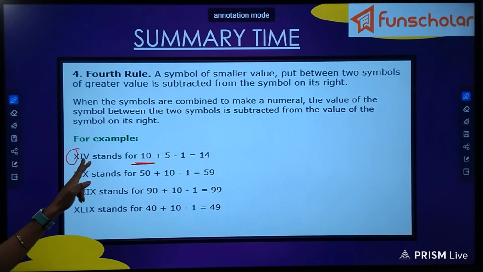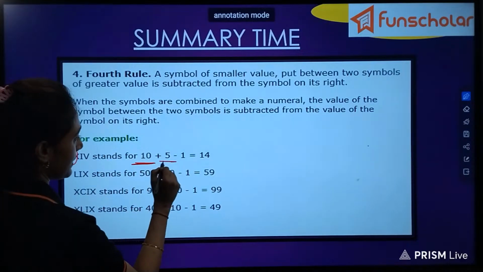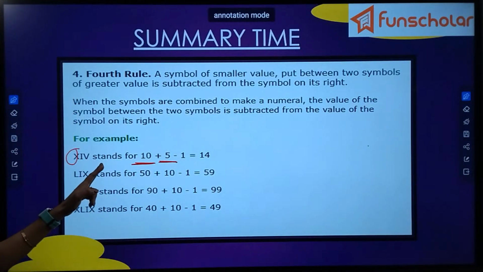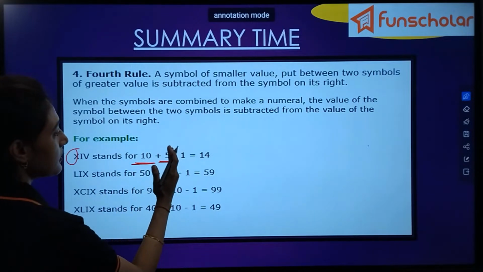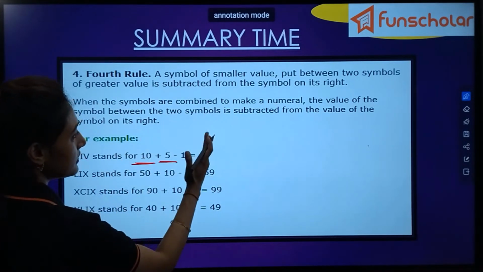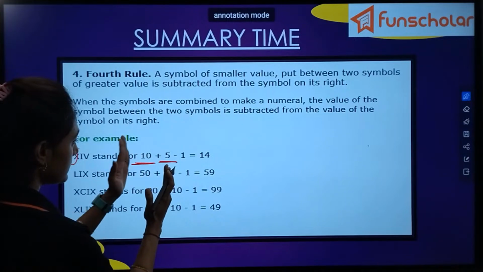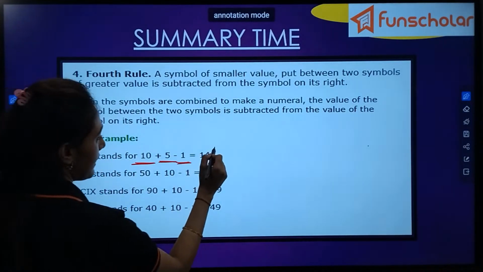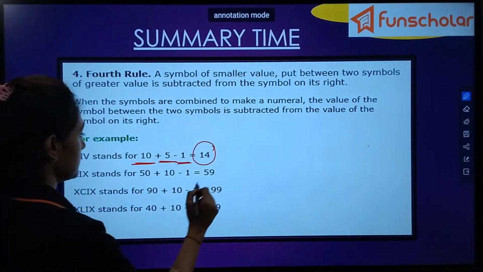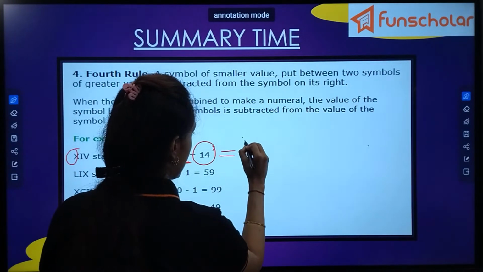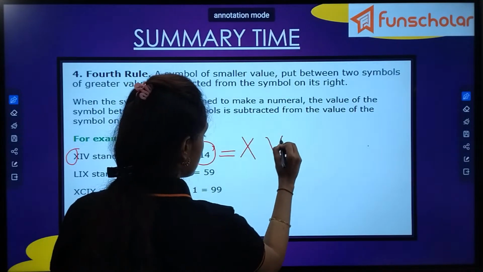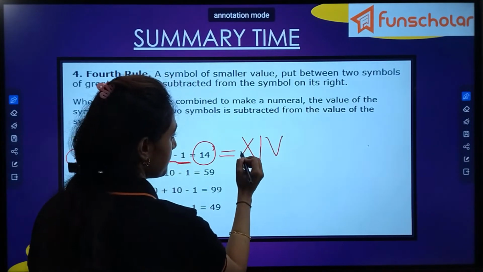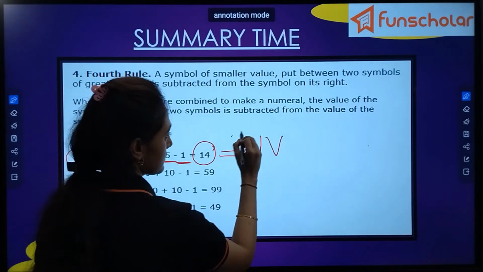Now V represents 5. So you have to subtract from the number which is on the right side, not this side. So you are subtracting 1 from 5 and it is becoming 14. So you will write this as X, subtract from 5, not from X.